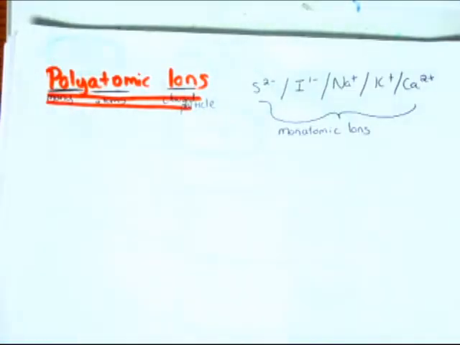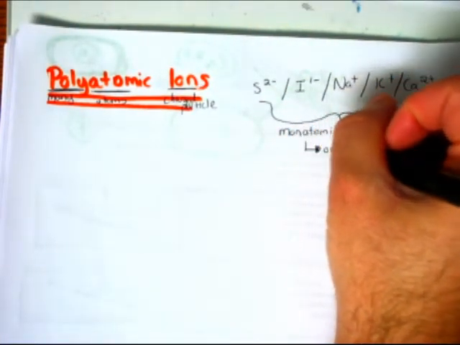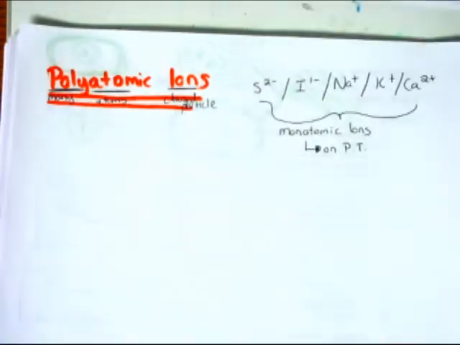And how do you know what the charge is for a monatomic ion? Where do you look? On the periodic table, right? Okay.